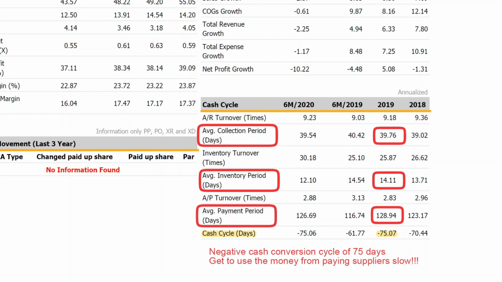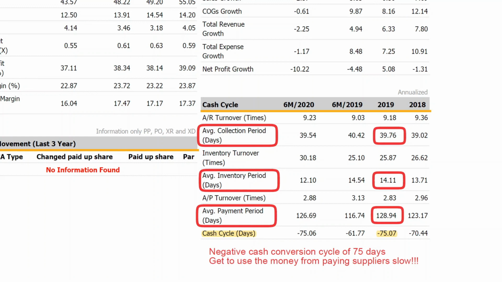It takes about 14 days for the company to turn the inventory, or sell the inventory, out to the customers. On the other hand, it takes over 120 days for the company to pay suppliers.